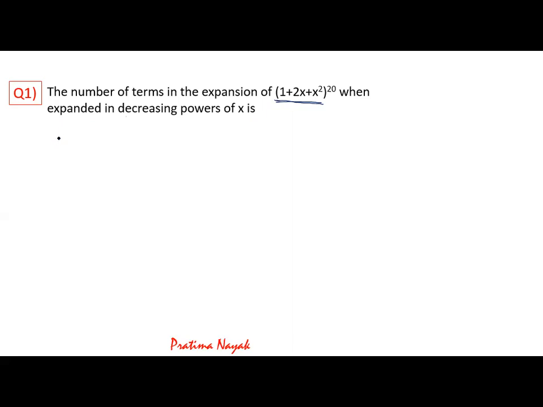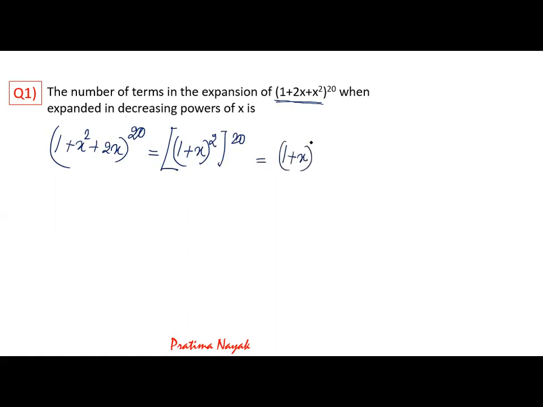If we observe carefully, this is 1 plus x squared plus 2x. Can you get a formula? Yes, this is (1 plus x) whole squared, again to the power 20. So how much will it be? (1 plus x) to the power 40. Now I am getting the binomial. How many terms will it have? 40 plus 1, 41 terms.